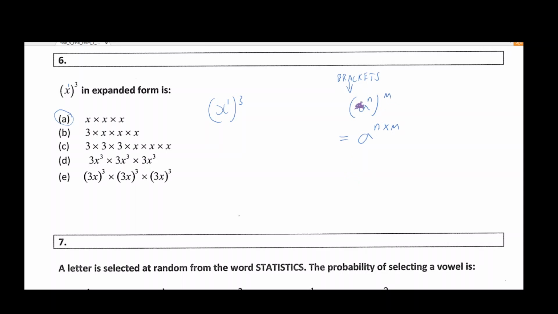So we times them together. That's going to be x to the power of 1 times 3, which is x to the power of 3, which is x times x times x. So it's that one. It's A.